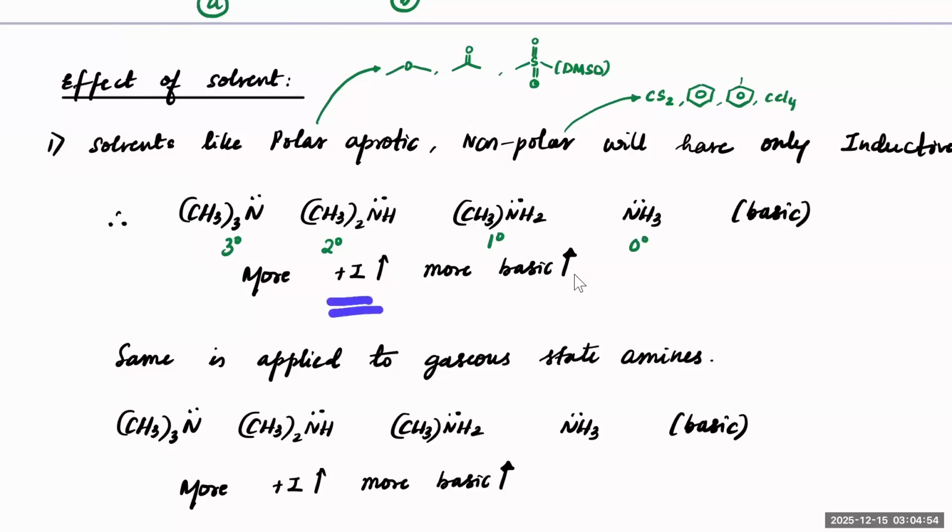More plus I effect makes it more basic. So which one is more basic in this case? Here you can see this is more basic than this one, than this one.